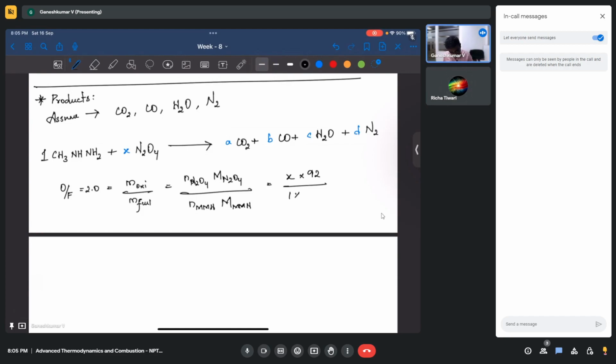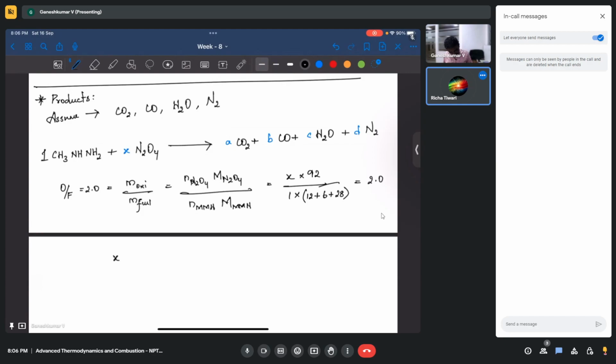So if it is 1, the fuel has one carbon atom and six hydrogen atoms, which is going to be 28 in molecular weight. Now this is going to be equal to 2.